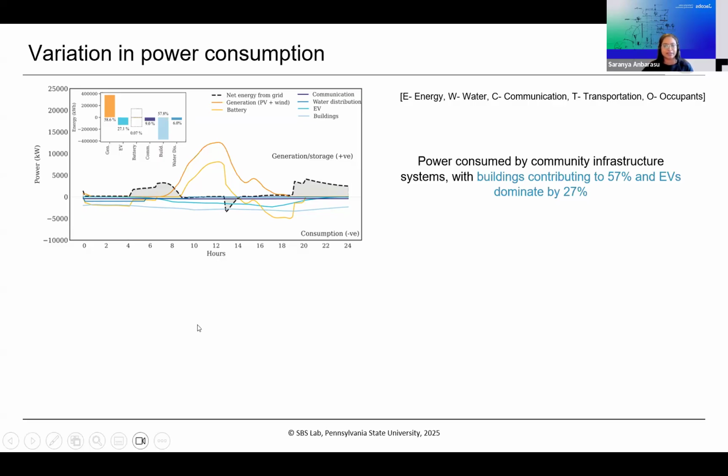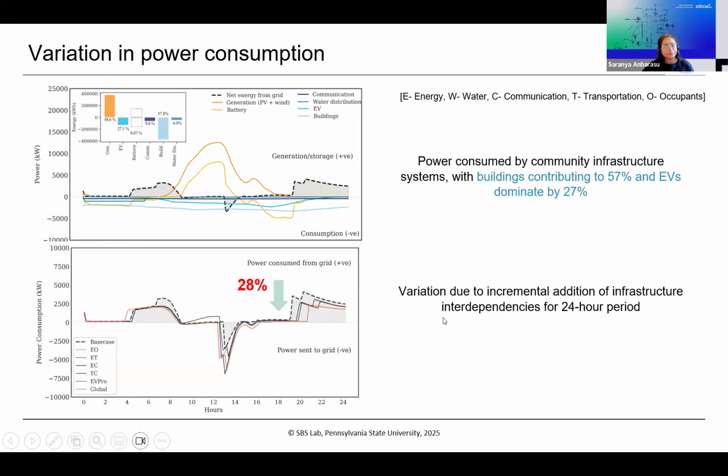And when looking at the other interdependencies, I've plotted only the net energy consumption instead of plotting all the different assets, generation and batteries that you see in the first plot. We do see a 28% reduction in energy because we consider all the interdependencies together.